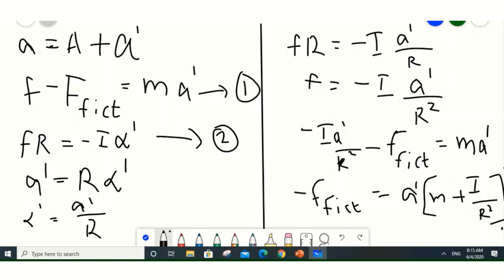So this is the equation for the fictitious force. Then we can find a dash.